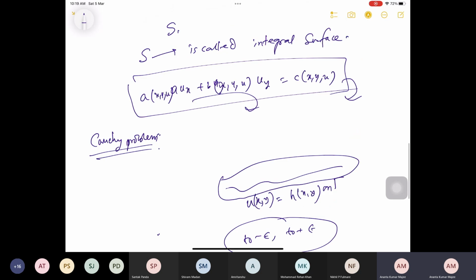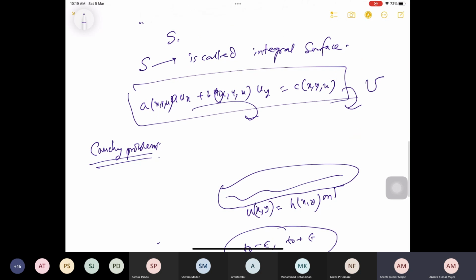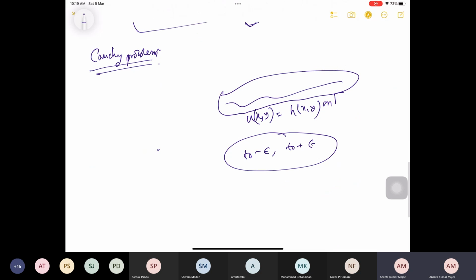That means there exists an open set U, a subset of R3, such that A of x, y, u times ux plus B of x, y, u times uy is equal to C of x, y, u in U, and it is given that u of x, y is equal to h of x, y on gamma, which is the initial curve.